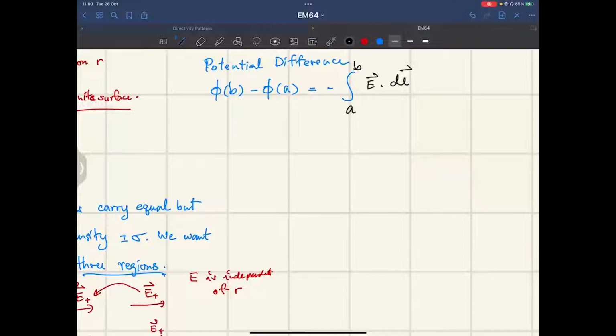And this one here is the potential difference, or you can say delta potential.